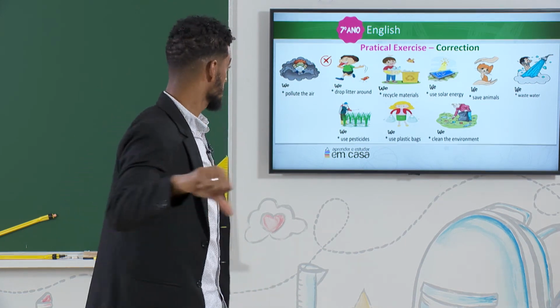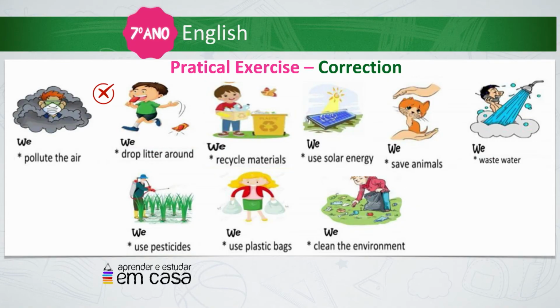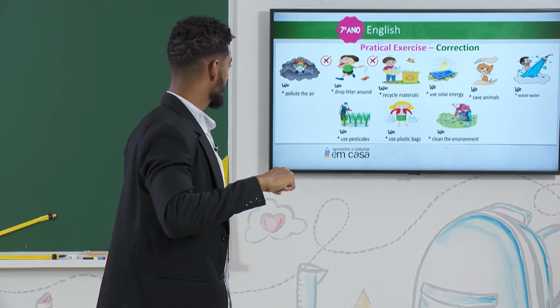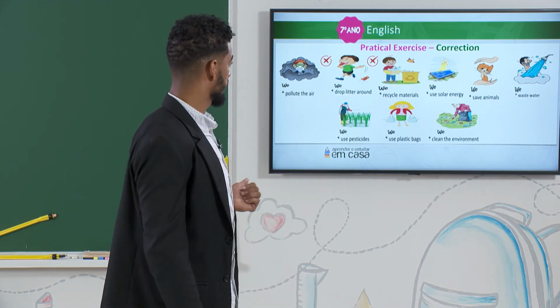We should not pollute the air in order to save our environment. What about the second picture? Is it a good action or bad action? Cool. It's a bad action. We should not drop litter around.